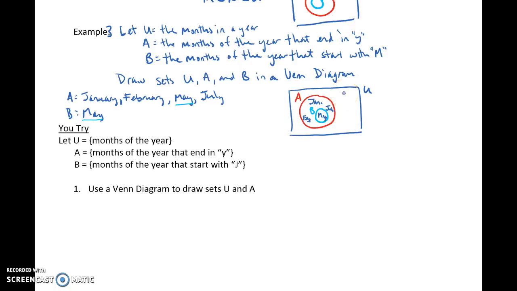So we want to go through and add in March, April, June, August, September, October, November, and December. So anything that's not contained within a defined set will still be in the universal set and needs to be depicted out in that rectangular space.